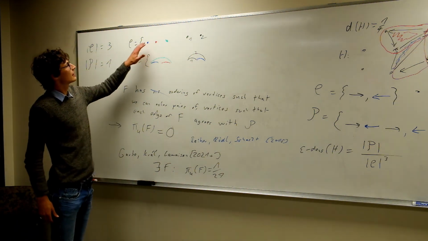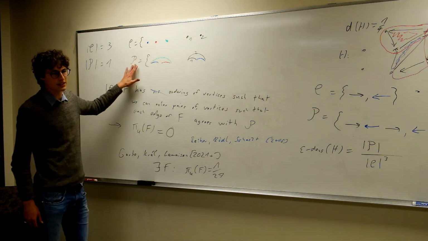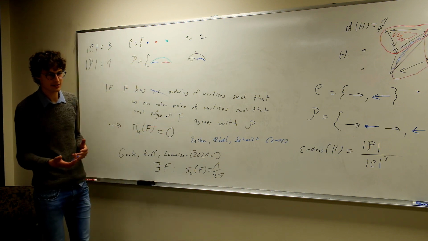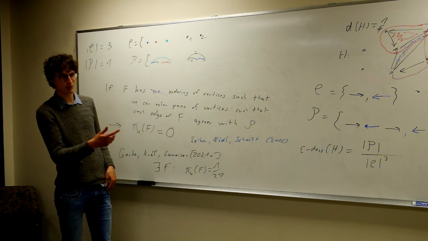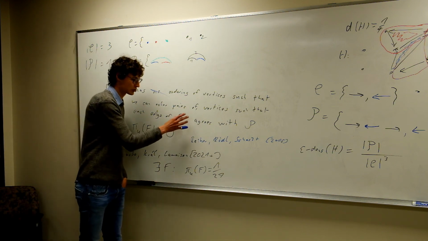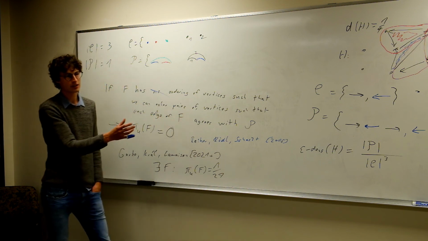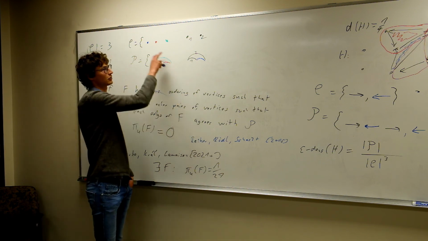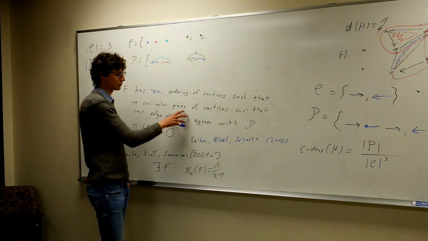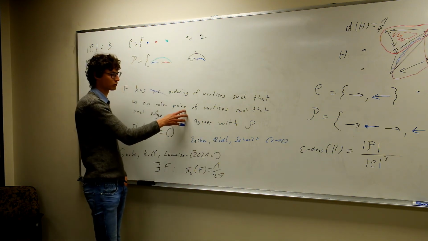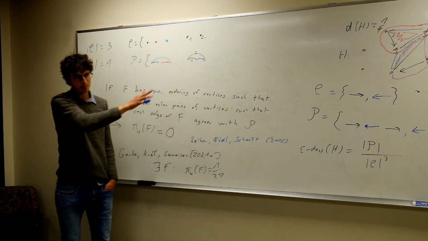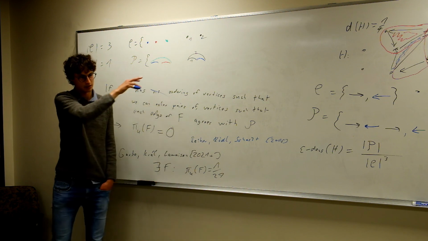If you fix your C and your P, then you can basically check all possibilities for F. Assuming that you don't want to use more colors than you have edges, and you don't care too much about the work you put into F, you can find your best coloring and your best color palette for this.